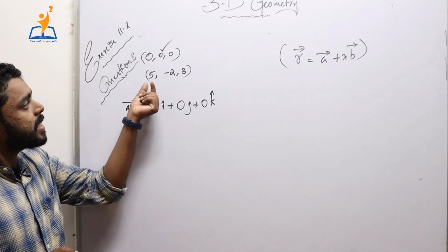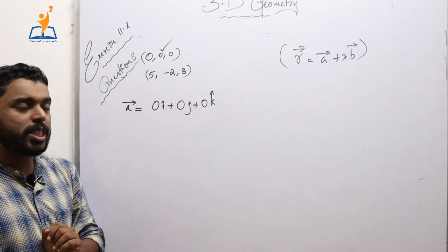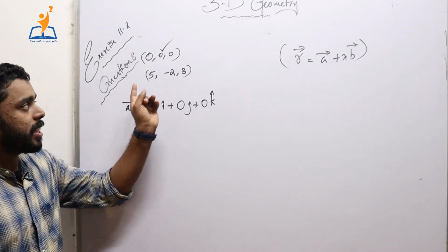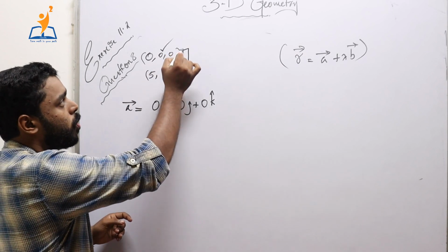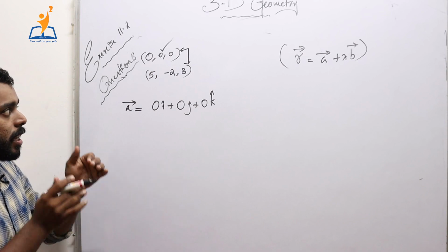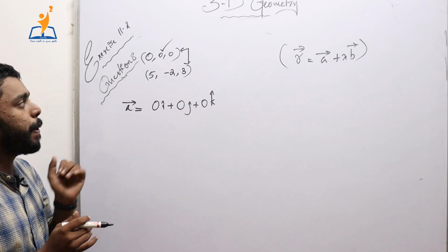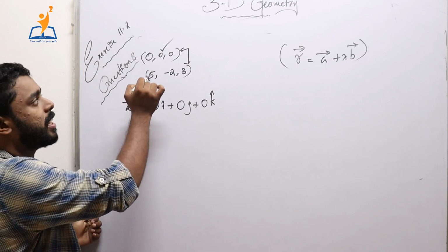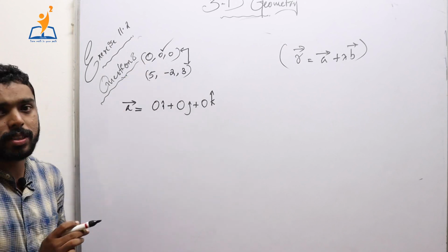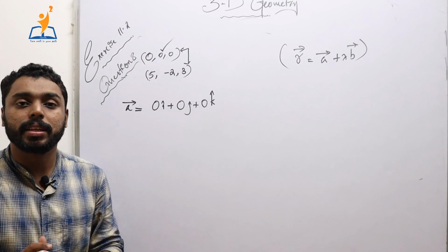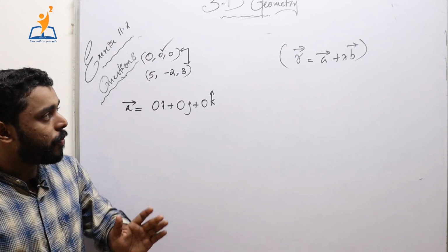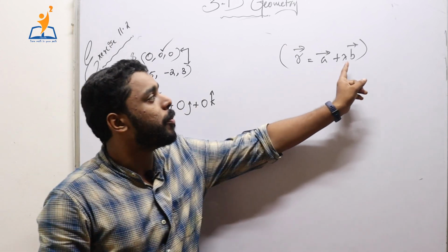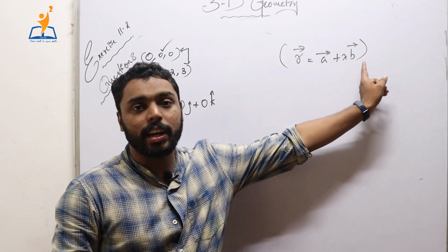Now, since the line passes through this point also, see, the line passes through these 2 points, we can say that this line is parallel to the vector connecting these 2 points. Why? Always remember that a vector or a line is parallel to itself, which means that we need a vector which is parallel to the given line segment.